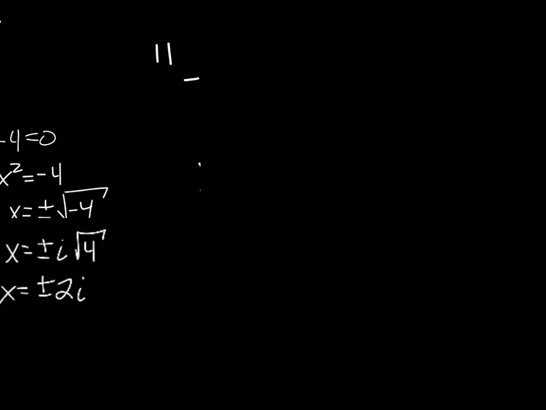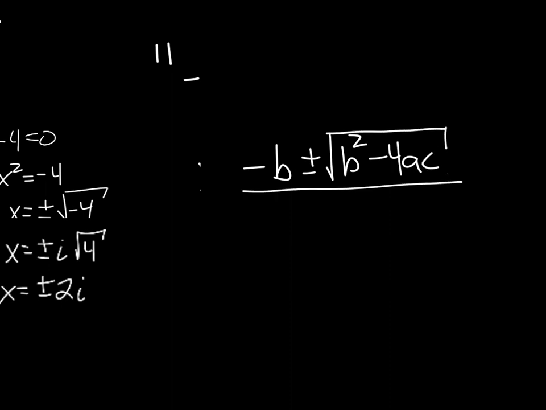What is it? Just the formula. Negative b plus or minus square root of b squared minus 4 times a, all over 2a. I would know that.